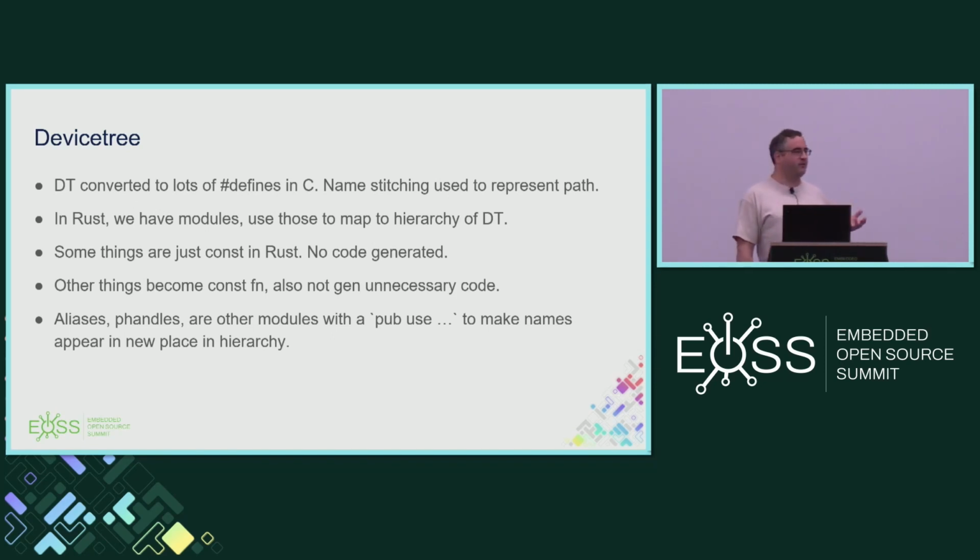The other thing is the device tree has these things called aliases. There's a chosen node, which is just a bunch of names that point to other nodes. The way I've started doing this is you have a module, and then you have this construct in Rust where you can say pub use this other module, colon colon asterisk, and it says bring all the symbols from that module into this module, and then export them publicly.